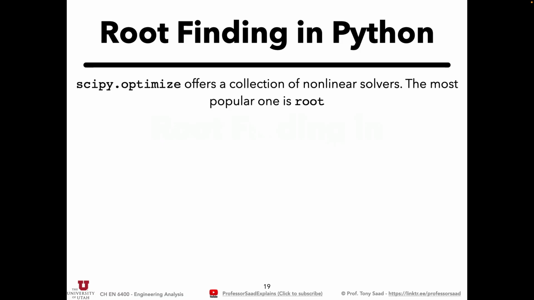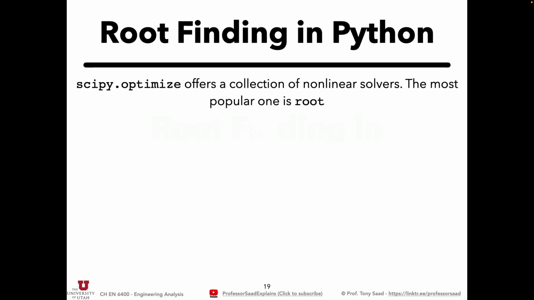NumPy is numerical Python. Scipy is scientific Python. And interestingly, NumPy didn't own nonlinear solvers. I guess it was too hard for them. So the people who designed scipy decided they want to own nonlinear solvers, and they do. They have all the best routines to find the roots for nonlinear equations.